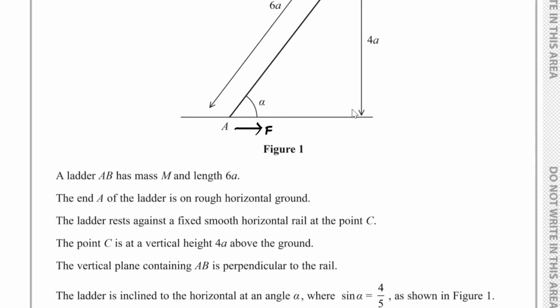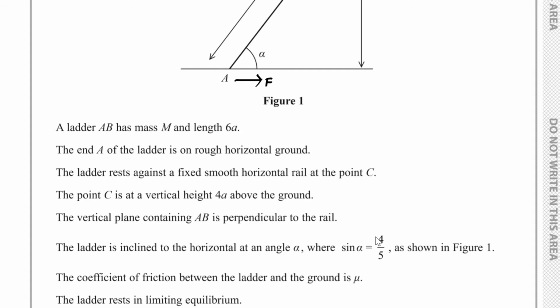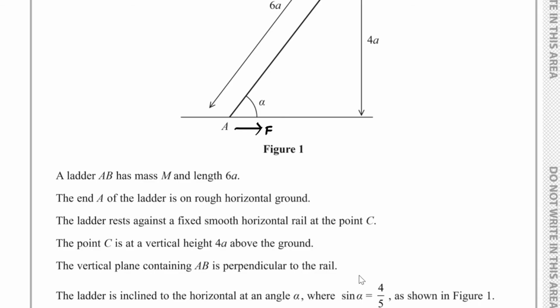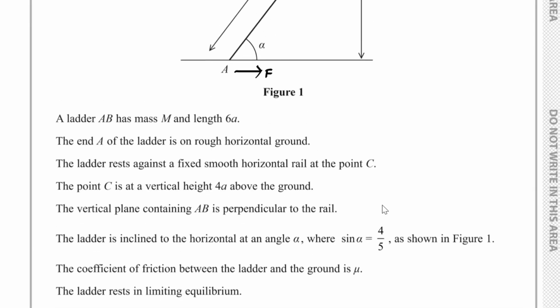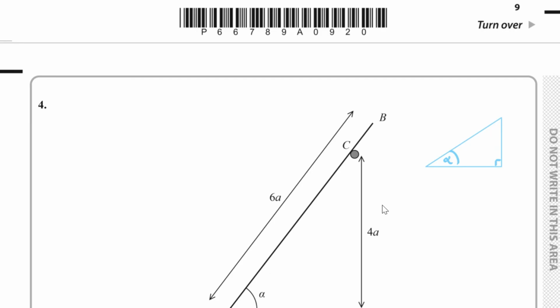Now, also, we know that sine alpha is equal to 4/5. So from this we can find out the value of cos alpha and tan alpha. Over here we know that sine alpha is equal to 4/5. Sine alpha, of course, is equal to opposite over hypotenuse. So we have the opposite 4 over here, hypotenuse 5 over here, and through Pythagoras the adjacent is equal to 3.